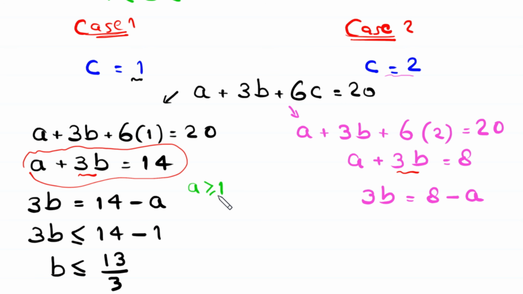Since a is greater than or equal to 1, the minimum value of a is 1. So we can bound 3 times b as 3 times b is less than or equal to 8 minus 1. This implies that b must be less than or equal to 7 over 3.